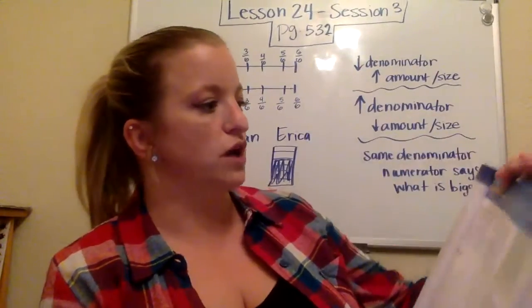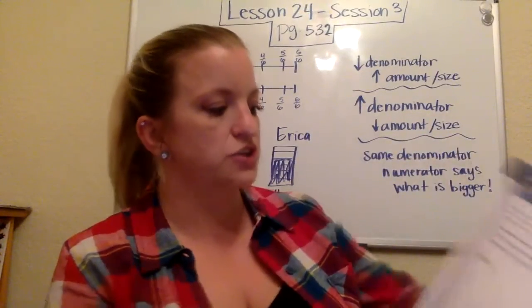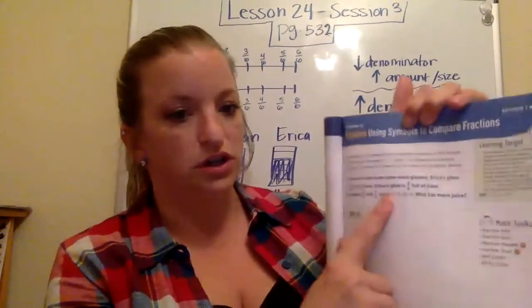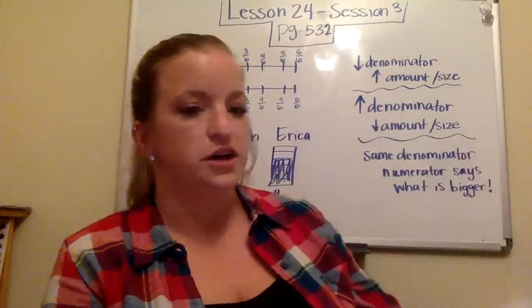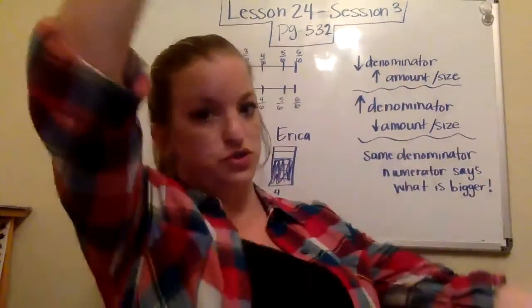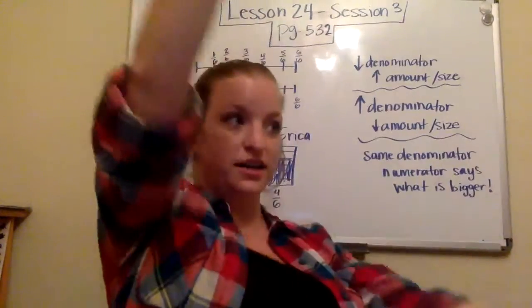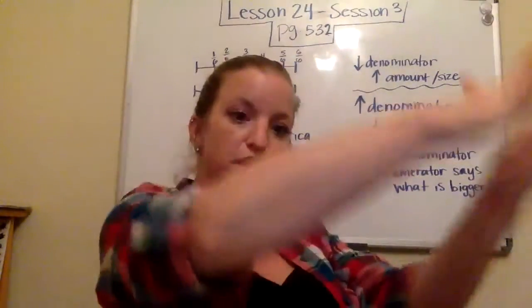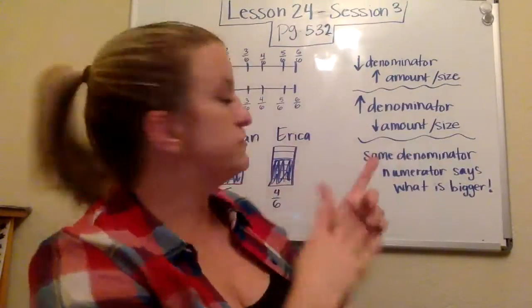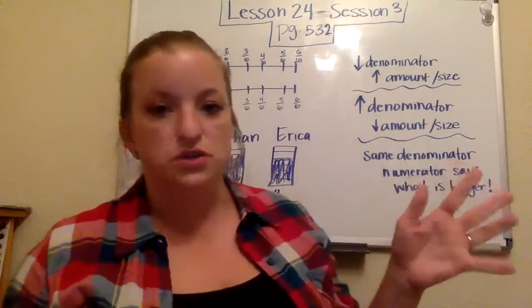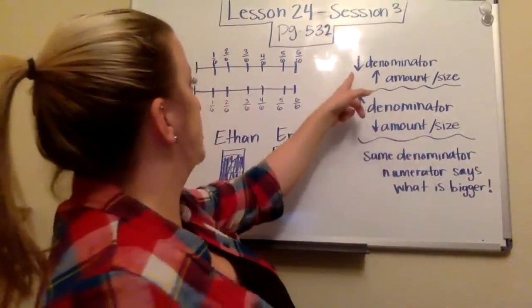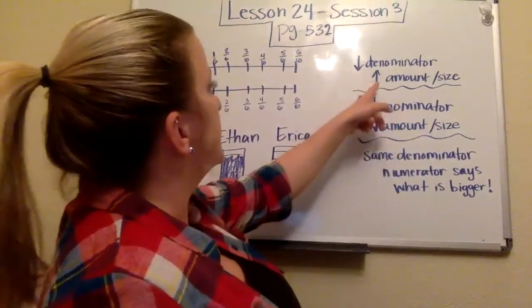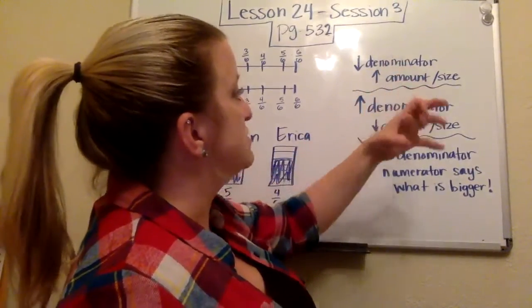And it's session 1. We're gonna use symbols to compare fractions. These symbols are called inequalities, like we talked about in another video. So you have the alligator, and you do, with your arms up, the alligator eats the biggest number. So I took a photo of this, and I'm going to post it to my website so you can really understand. The lower the denominator is, the greater the amount or the size of the fraction.